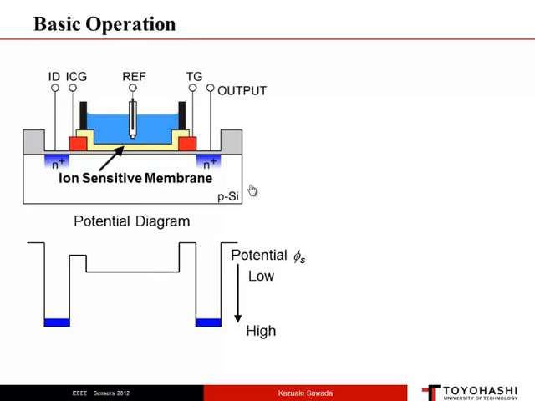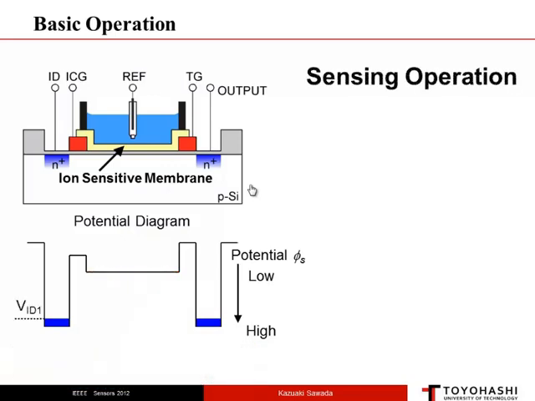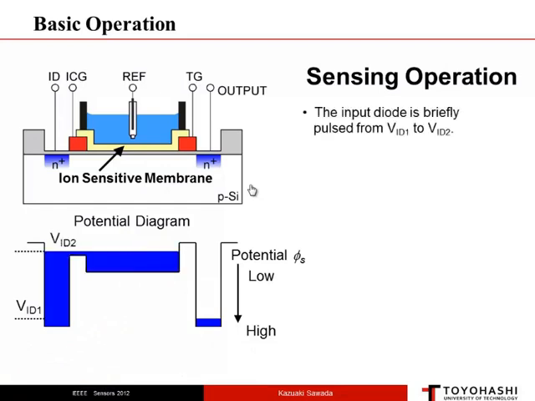Our CCD type ion image sensor has two extra gates, ICG and TG, beyond the ISFET. The potential of this area is changed by the ion concentration. Firstly, the input diode is briefly pulsed to VID2.